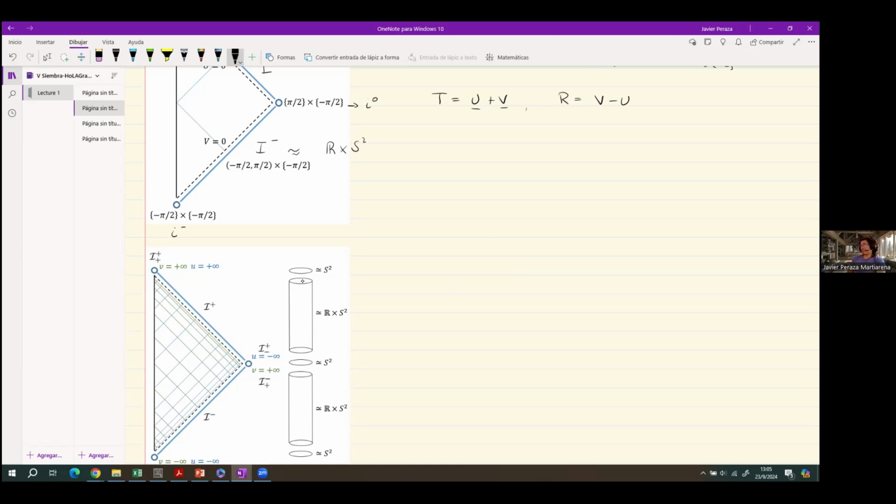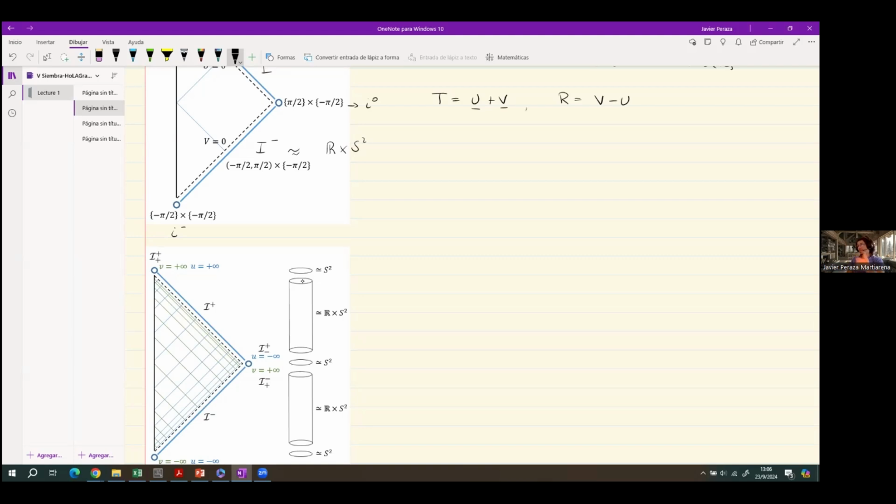The same happens at spatial infinity, where we can close the cylinder when u goes to minus infinity. So that's another way to think about spatial infinity and time infinity. There is, of course, another way to think about it when we take the hyperboloids of Minkowski space and say that r goes to infinity or t goes to infinity, and we have another parametrization of those points.